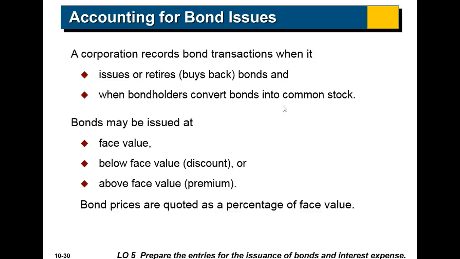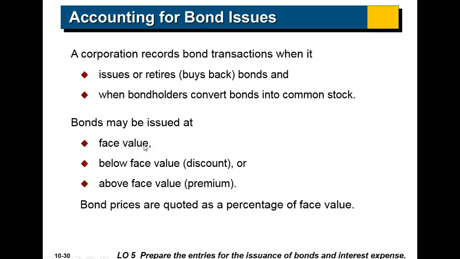So it can be converted into stock. Bonds may be issued at face value, at that $100,000, or below face value or above face value. Basically, bonds are quoted as a percent of face value.